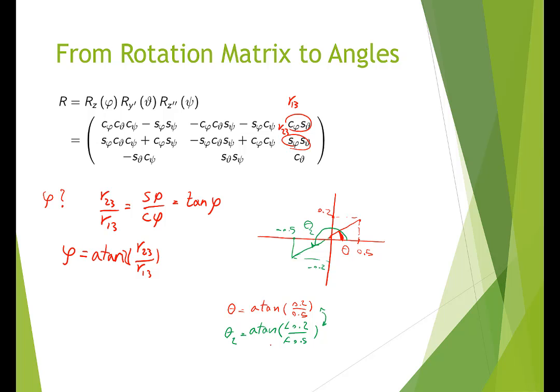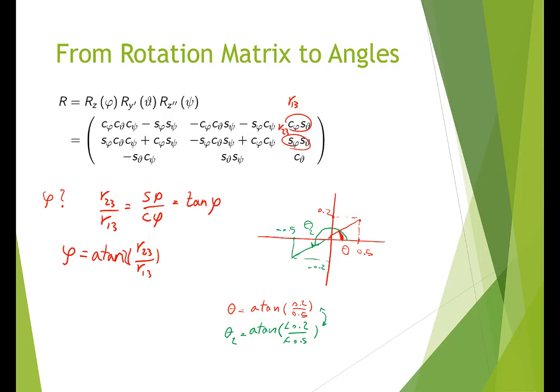To avoid this, we use the arctan2 function. Arctan2 basically looks at the sign of the values, and based on it, it decides in which quadrant the angle falls. Lots of software platforms such as MATLAB or even NumPy in Python have an arctan2 function. So instead of arctan, we use arctan2 to get one definite angle based on the sign of R13 and R23.